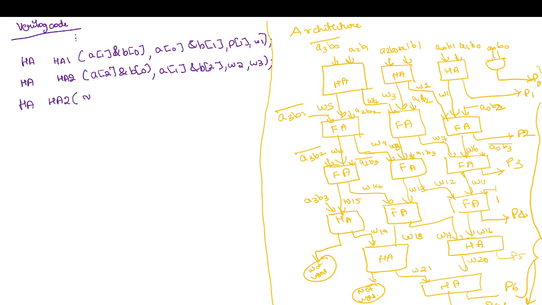So complement of A3 and B0, and then A of 2 and then 0 1 W2 W1.